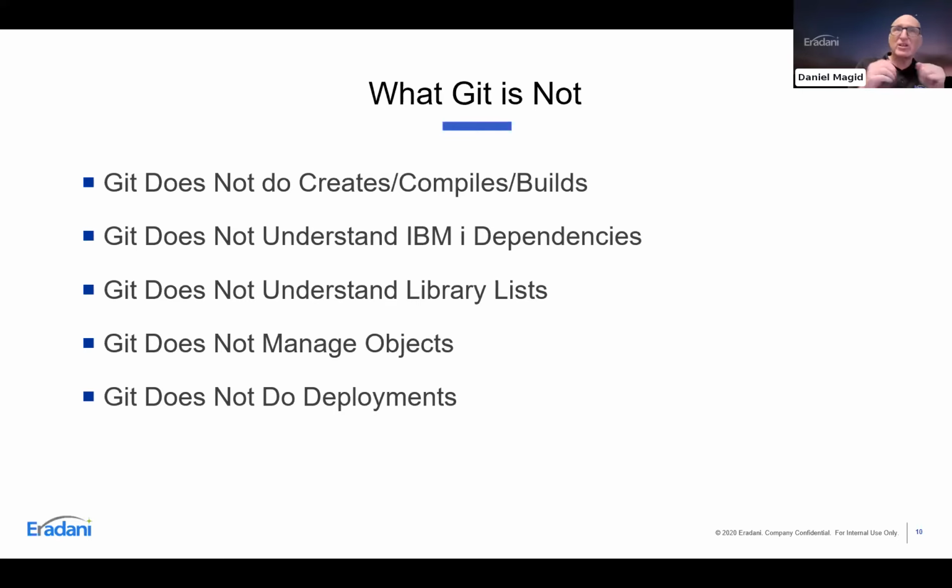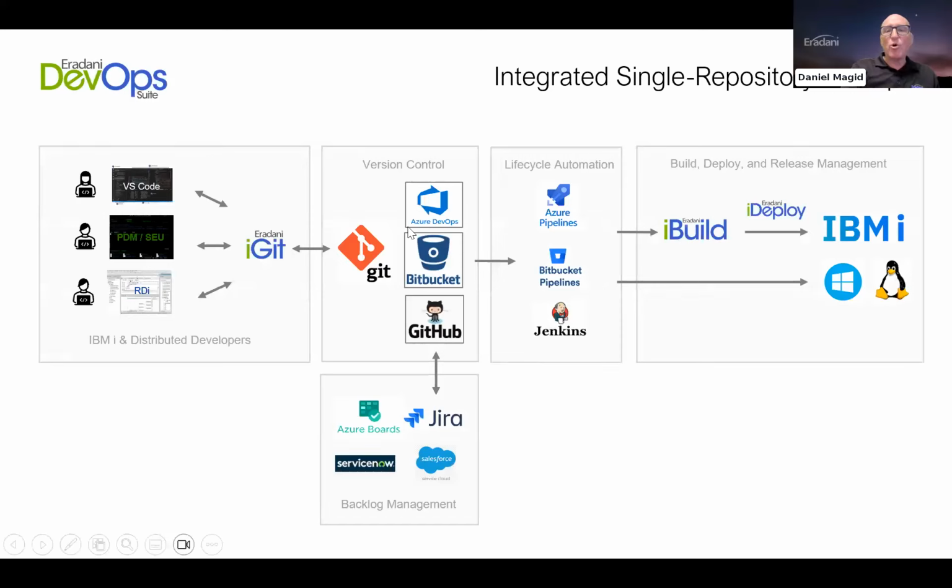Now, typically, it's used as part of a tool chain where you have a whole bunch of tools that work together to give you that kind of functionality. So you have an IDE where you're doing your development. You have Git where you're managing your source code, and that could be hosted wherever you want. You're using something like Jira or Salesforce or something else for managing the projects you're working on, so managing your tickets.